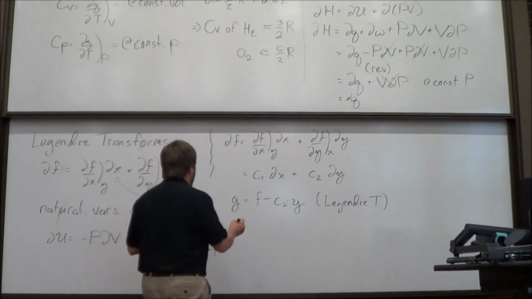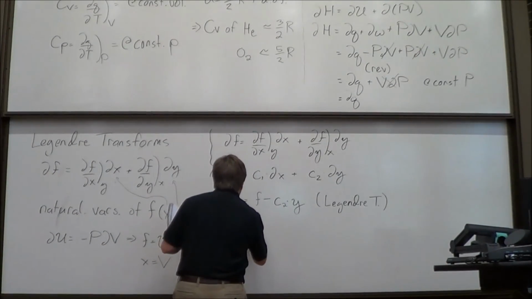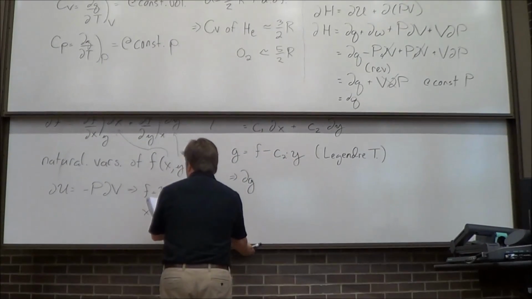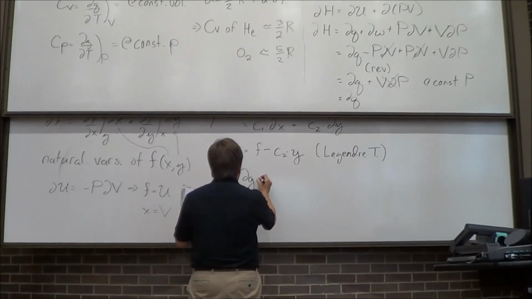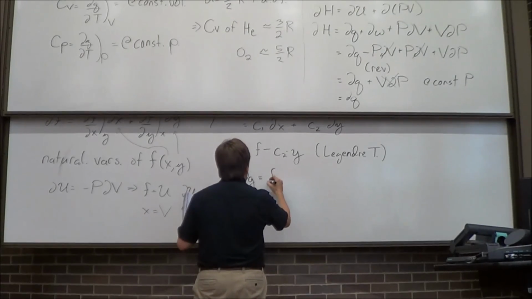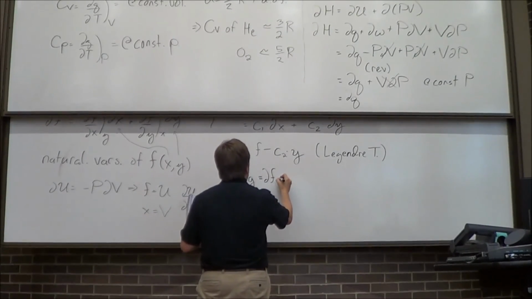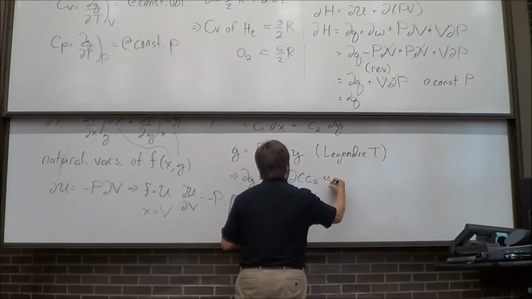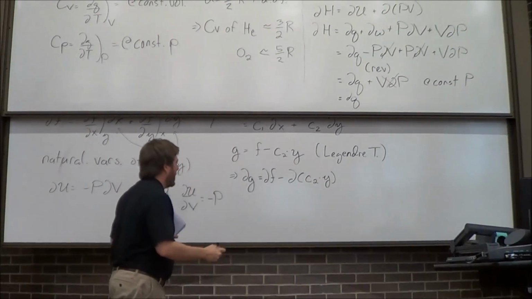To do that, you're going to look at the change in G, and let me manipulate this at the top of the classroom. That's going to be the change in F minus the change in C2 Y, which again, we're going to use the product rule.